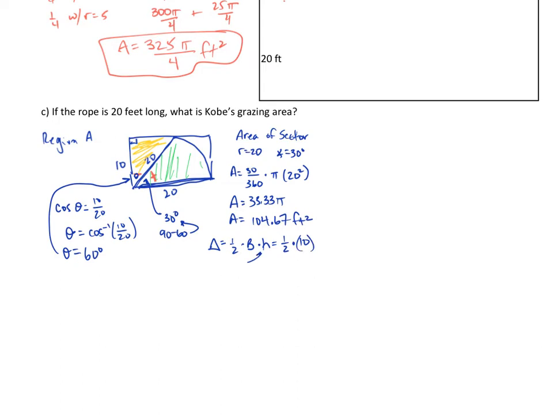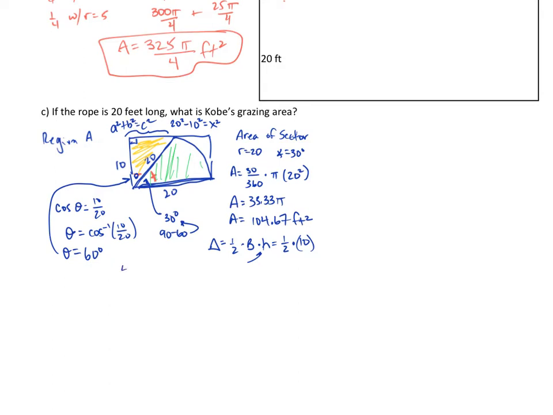Okay, so this piece right in here is going to be a squared plus b squared equals c squared. So that'll be 20 squared minus 10 squared equals, we'll call that x squared. Solve for that, you're going to get the square root of 400 minus 100, which is the square root of 300, which will be 10 root 3, but we're going to keep it as a decimal.